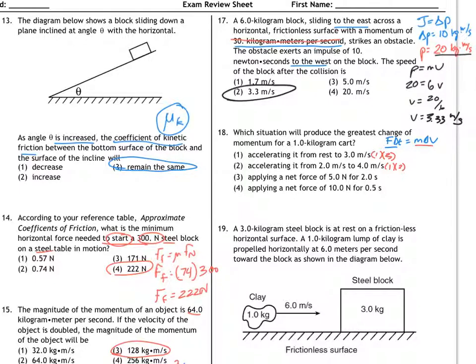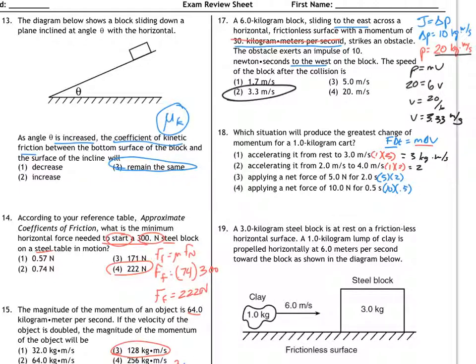And then for choices 3 and 4, we're going to use F times change in t, and it says we have a net force of 5 for a time of 2 seconds. And for choice 4, it says we have a net force of 10 for a time of 0.5 seconds. So we just need to get some answers for these. Of course, this one is going to be 3 kilogram meters per second.